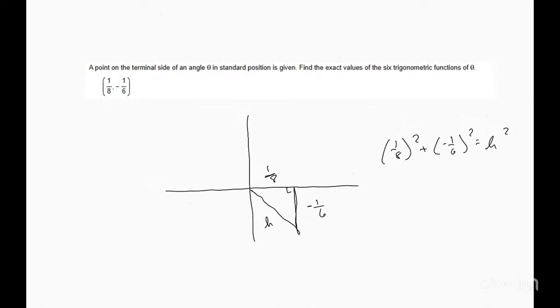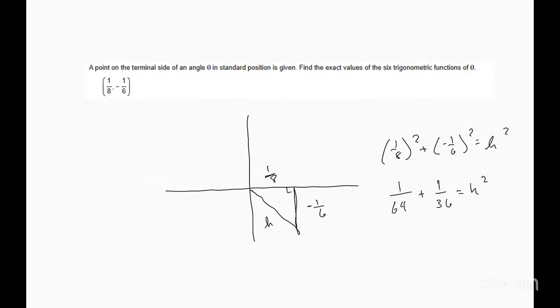But when I was doing a review, I was doing these exact same steps, but then they would come out something completely different. I would have the H as it is, but then when they wanted me to look for the cosine, it would be like 3 times the square root of 73 over 73, which I was very confused by. Okay. Well, let's just go ahead and do this.